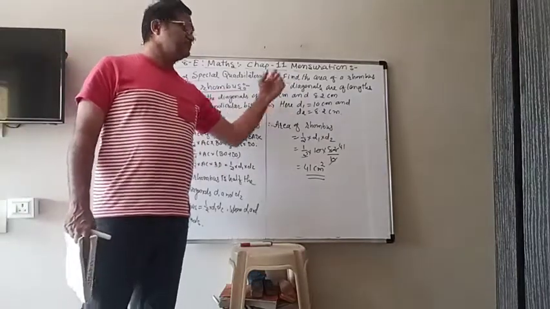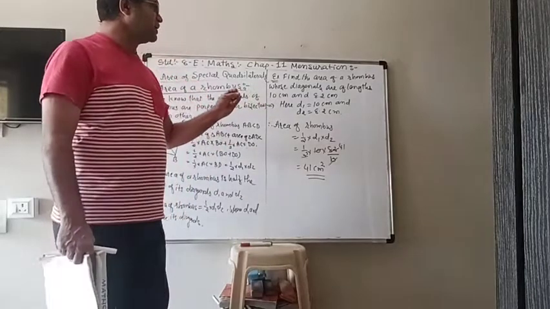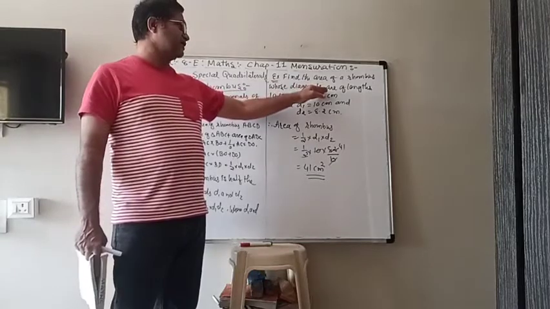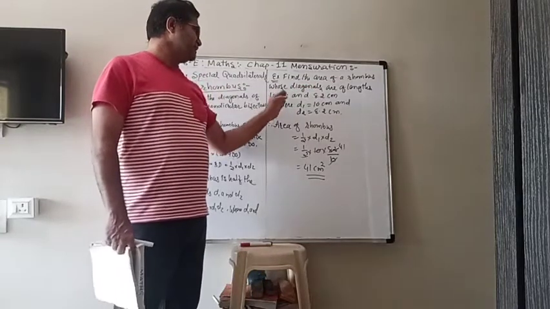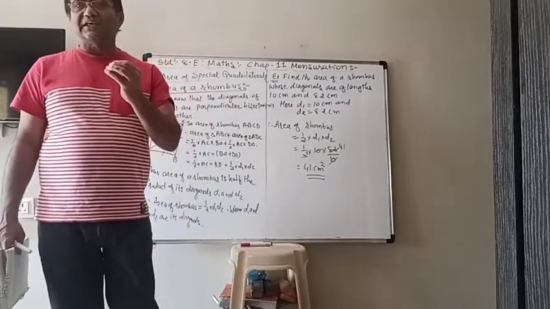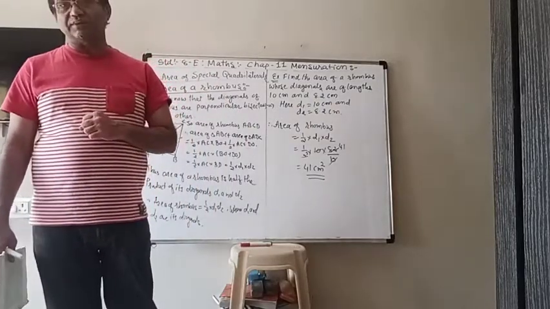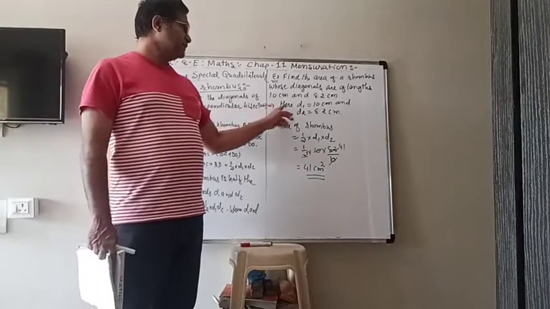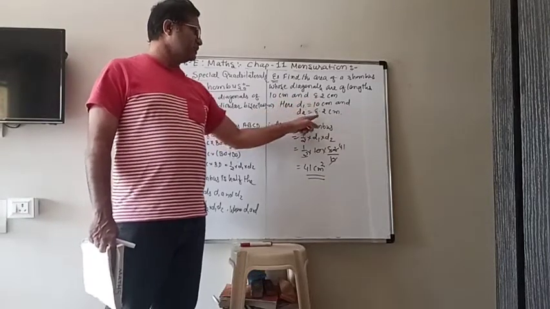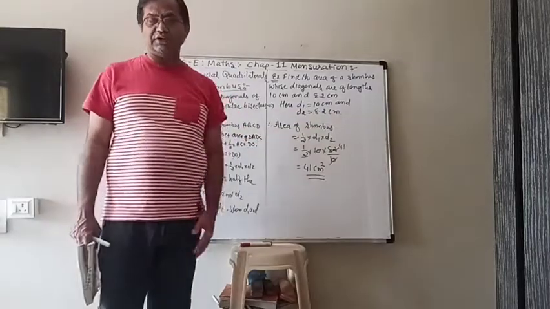Let us understand with an example. Find the area of a rhombus whose diagonals are of lengths 10 centimeter and 8.2 centimeter. So here the lengths of the two diagonals are given. So we write down here that diagonal D1 is 10 centimeter and D2 equals 8.2 centimeter.